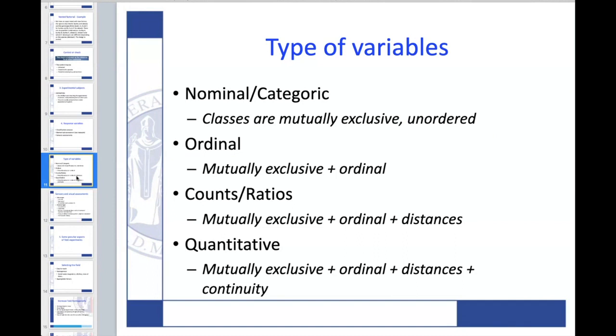It's nominal or categoric, whatever, because sexes are mutually exclusive. I mean, you cannot put one animal or whatever in both classes, and there is no ordering, and there are no distances, and there is no continuity. So sex is certainly a nominal variable. Nominal or categoric. We use both names for these classes.